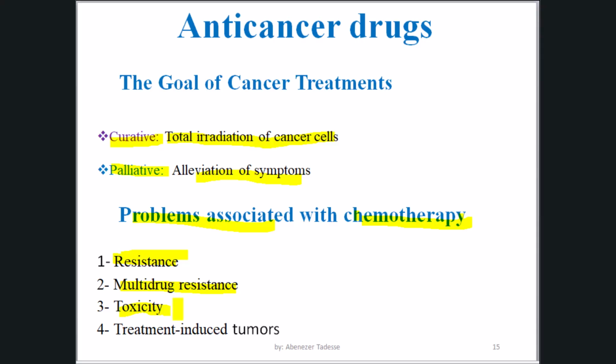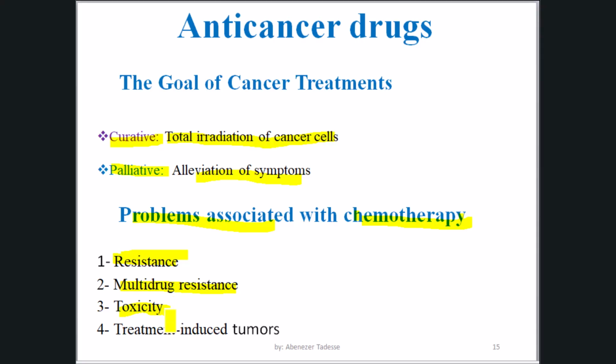They will have high toxicity significantly to the cancer cells, but besides that, they will also affect the normal host cells, because normal highly proliferative tissues are highly susceptible to destruction by these chemotherapeutic agents.